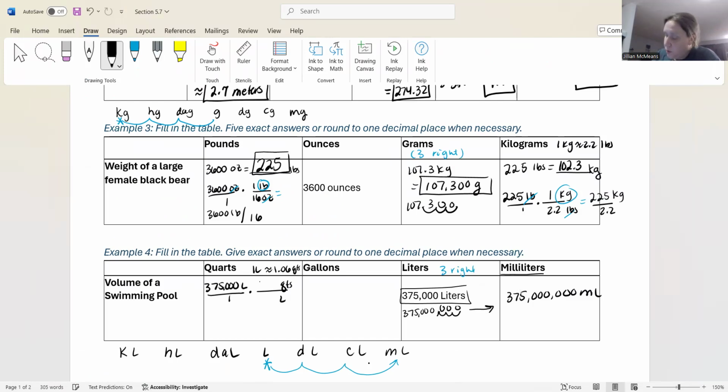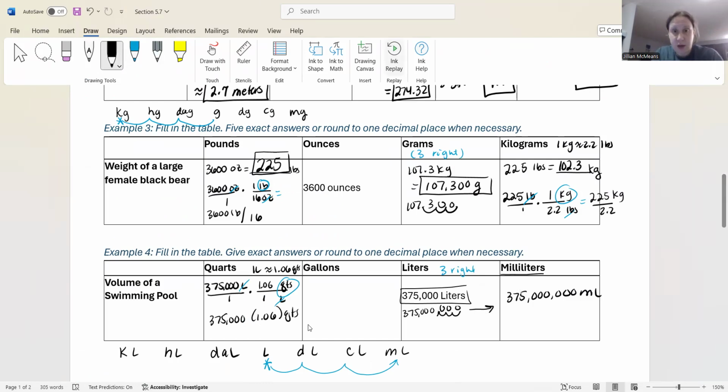Okay, so 1.06 over 1. So when I clean things up, liters cancel, quarts are left in the numerator, and that gives me 375,000 times 1.06 quarts. We are for sure going to let the calculator do this one for us.